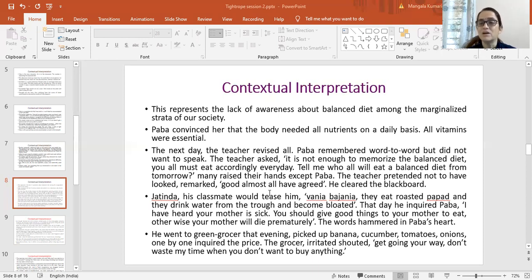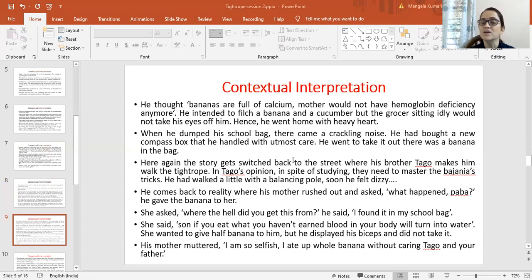that Baba cannot buy all those things. Baba is from a poor family. So he knew it and got irritated and shouted at Baba, "Get going your way. Don't waste my time when you don't want to buy anything." Okay, Baba has to leave the greengrocer's shop. He thought of filching a banana, stealing a banana, but the greengrocer was sitting idly, fixing his eyes on Baba.